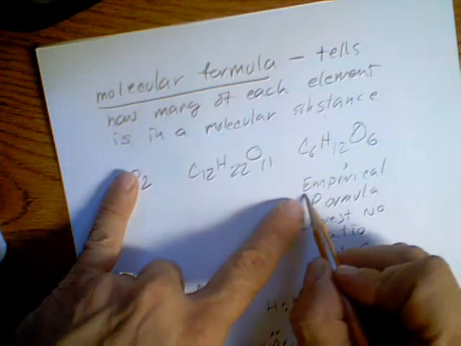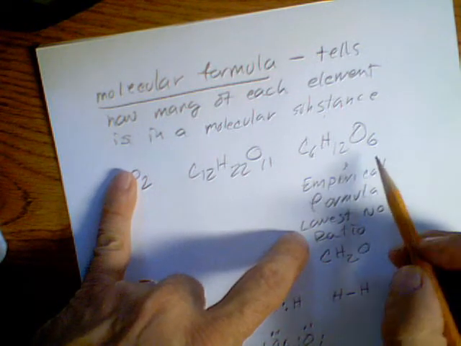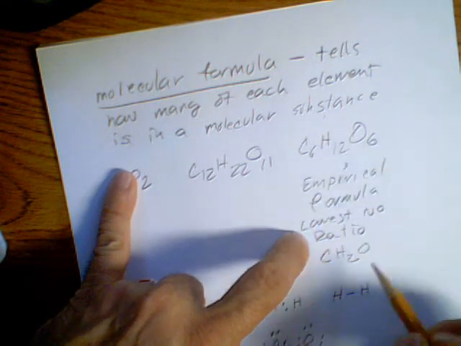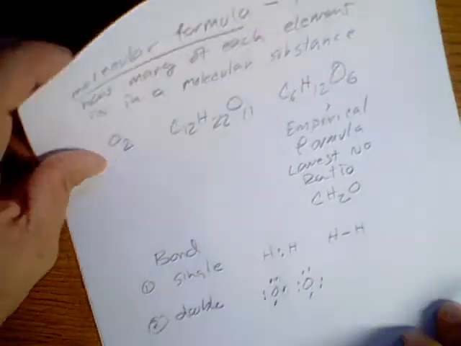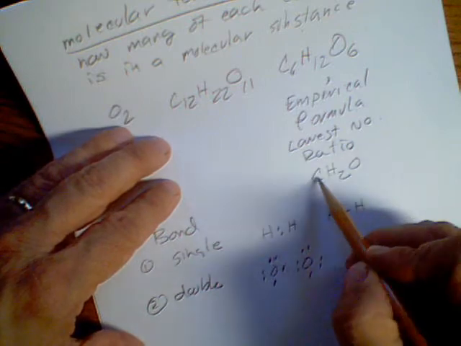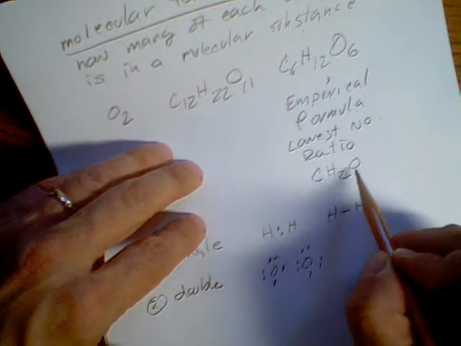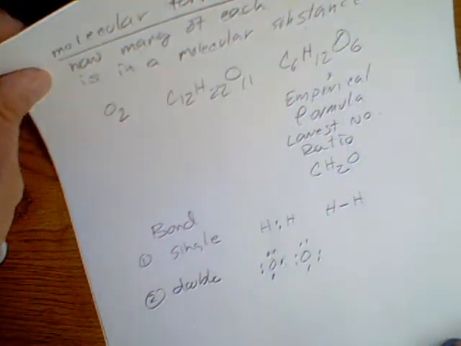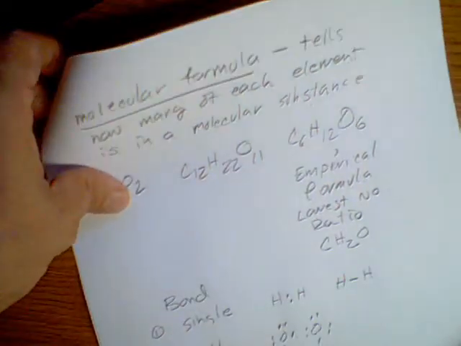And so an empirical formula is the lowest ratio of the molecular formula. And so it would be CH2O, a 1 to 2 to 1 ratio. And that's the difference between an empirical formula and a molecular formula.